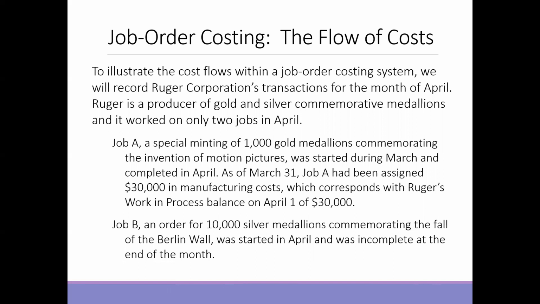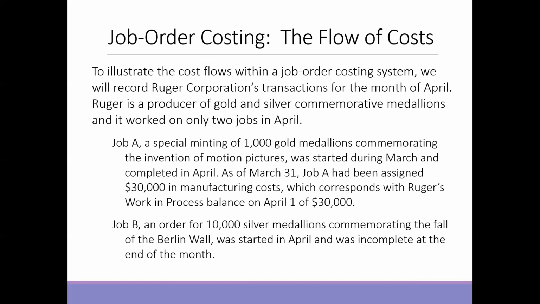As of March 31st, job A had been assigned $30,000 in manufacturing costs, which corresponds with Ruger's work in process balance on April 1st, $30,000. So job A came into April with some costs.